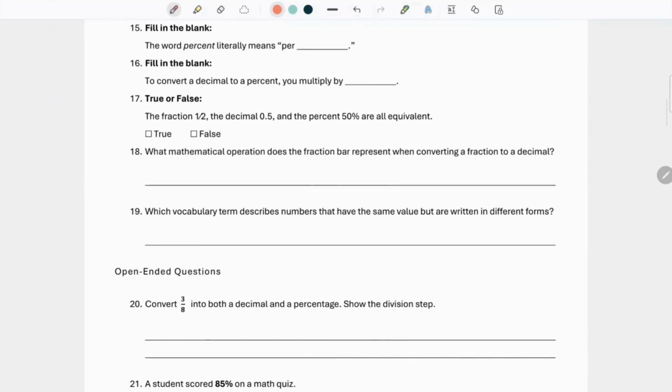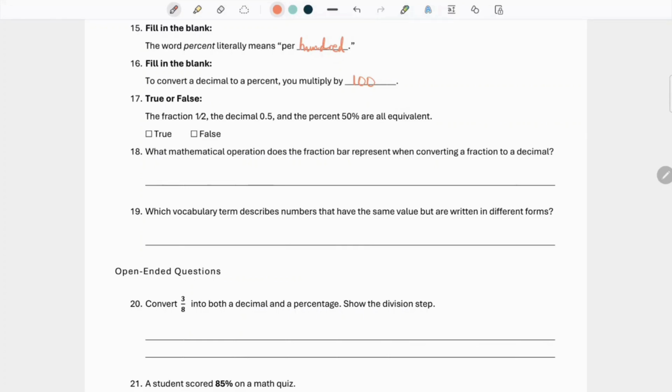Question 15. The word percent literally means per 100. Let's just write that here, 100. Percentages are out of 100. It means an amount out of 100. Now, question 16. To convert a decimal to a percent, you multiply by 100.